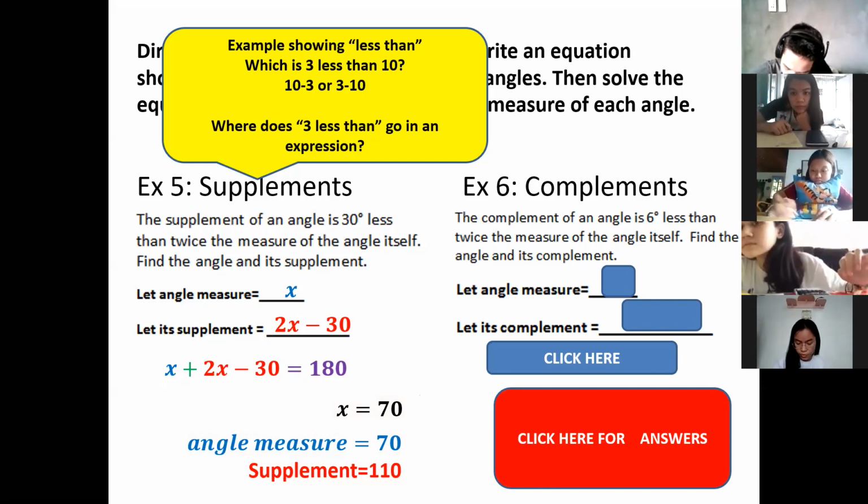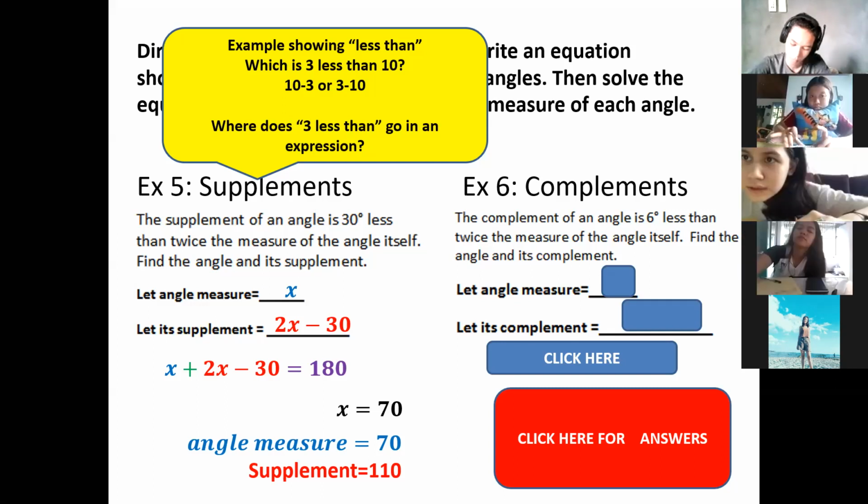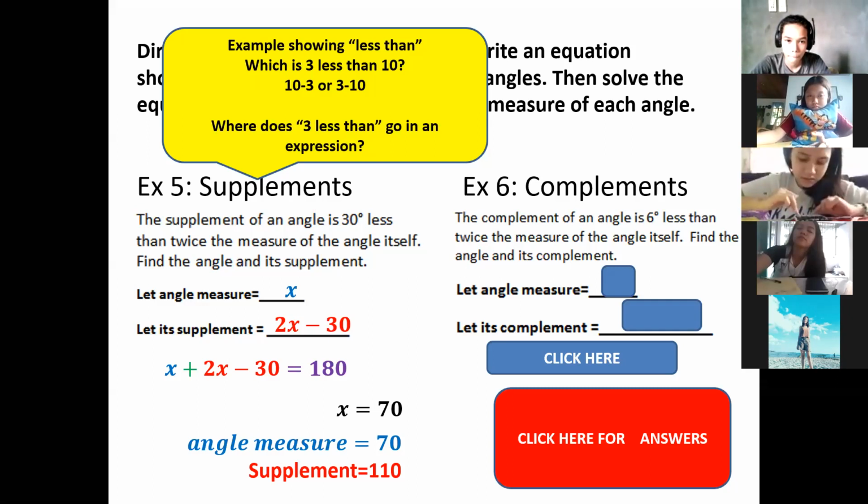Number 6, Juliana answered 32 and 58. Same with Sir Sim, 32 and 58. This is a collaborative effort of Juliana and Sir Sim, perhaps. Oh, no, it was not Juliana who answered first. It's Leja pala. Sorry, it's Juliana pala.